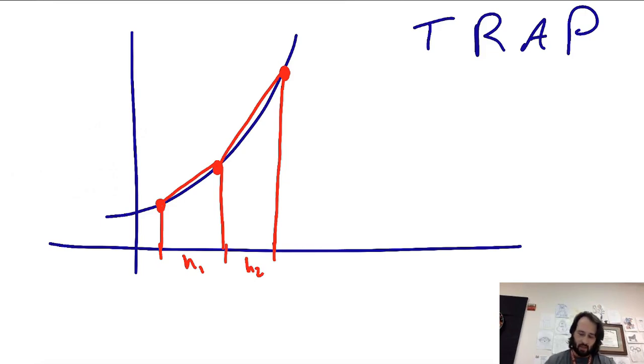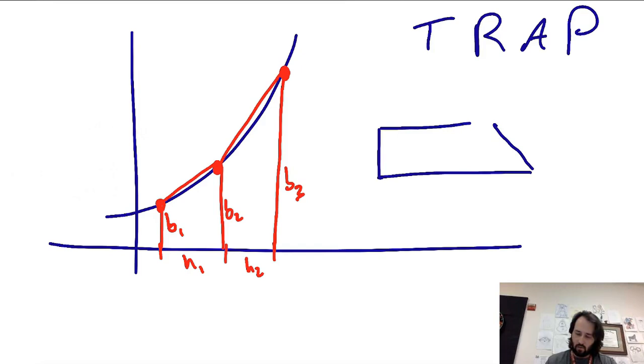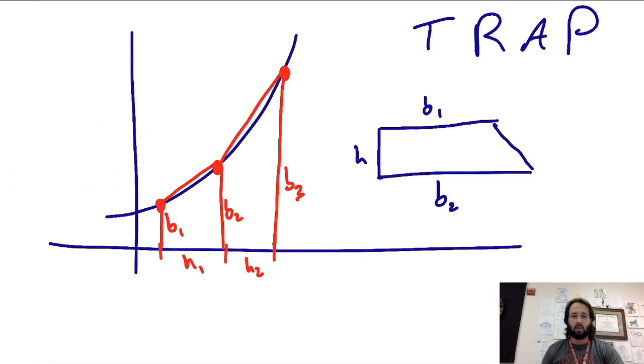Then I have base 1, base 2, base 3. The bases are the y values of my function. So this is going to give a much, much better approximation of the area under the curve, and we'll get more accurate eventually.